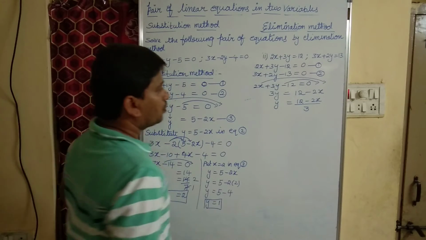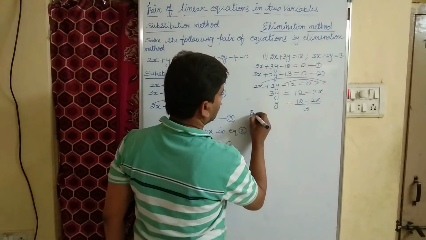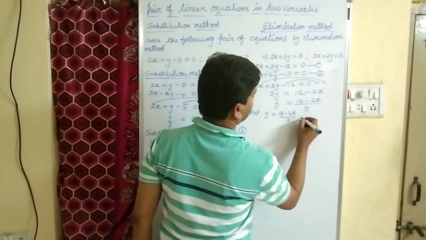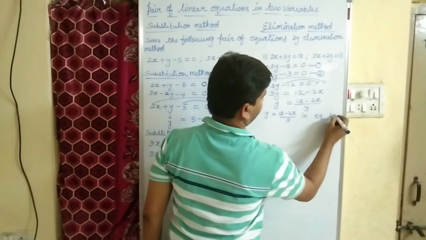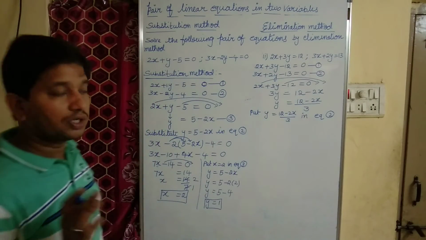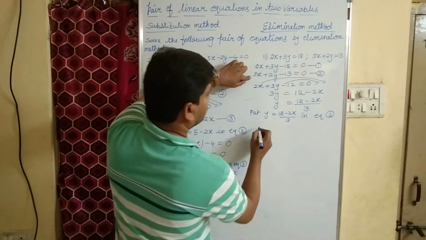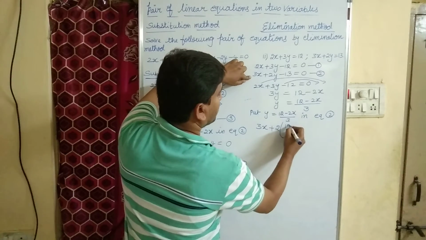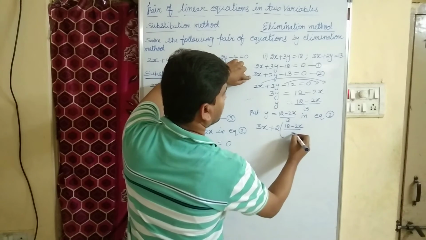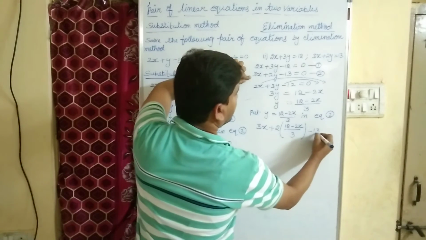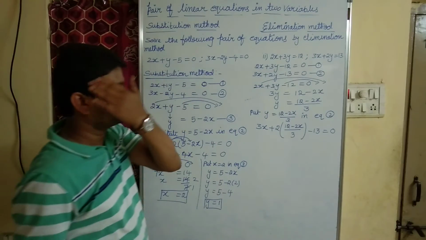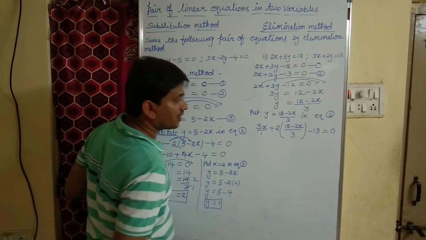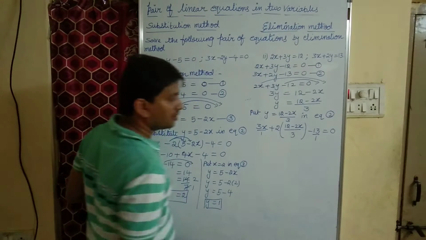Now what to do? Put y equal to 12 minus 2x by 3 in equation number 2. What is equation number 2? 3x plus 2y. Value of y is 12 minus 2x by 3 minus 13 equal to 0. Okay. Now, here nothing in the sense 1. Here also nothing in the sense 1.